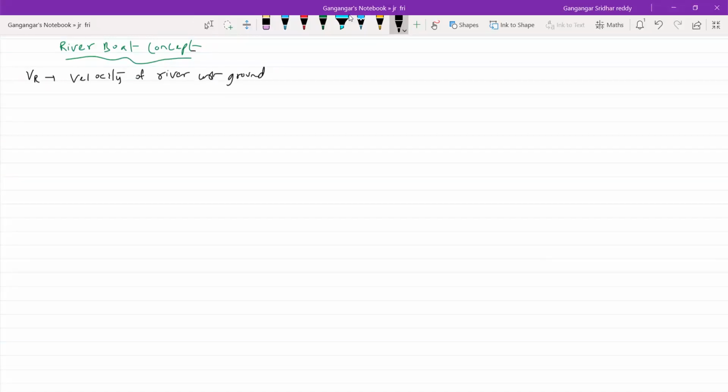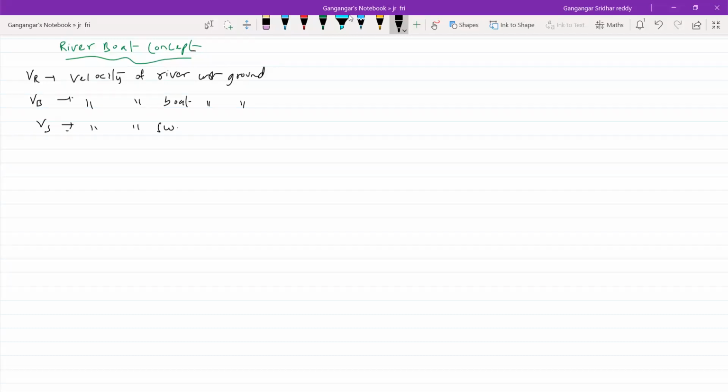with respect to ground. If I write velocity of boat or swimmer, this is the velocity of boat with respect to ground. Let me use all the symbols possible.